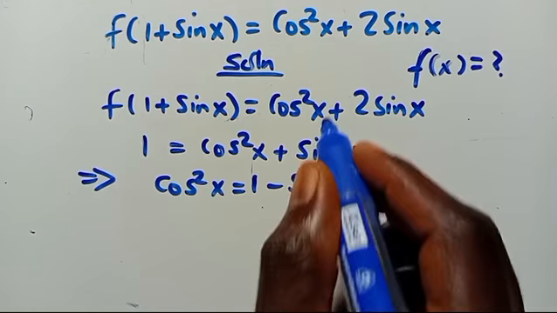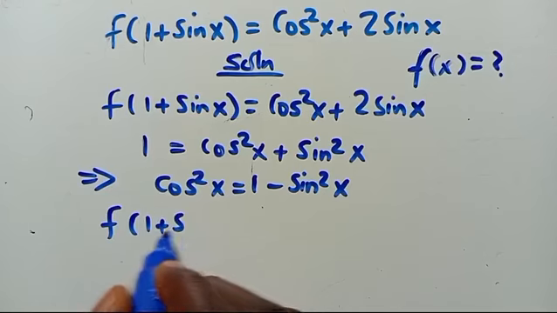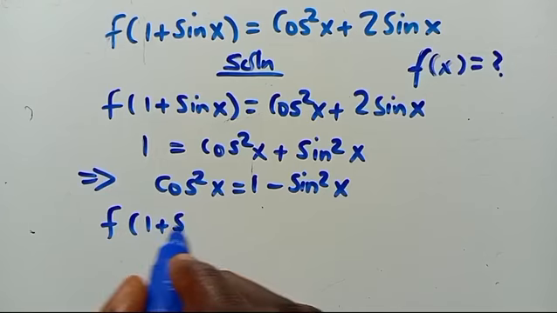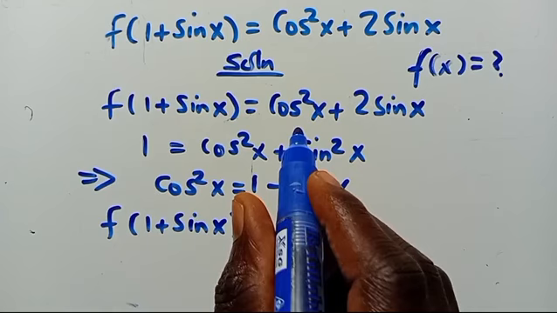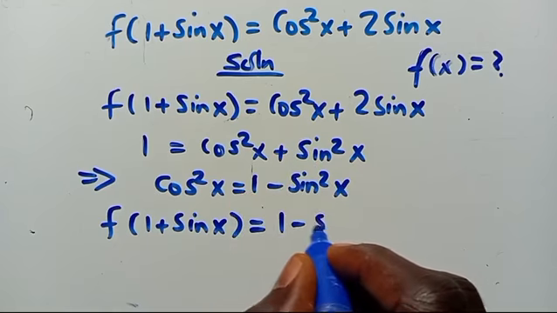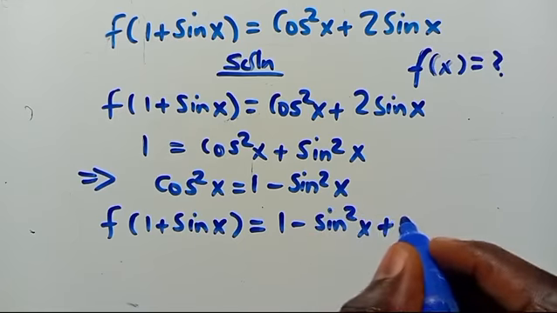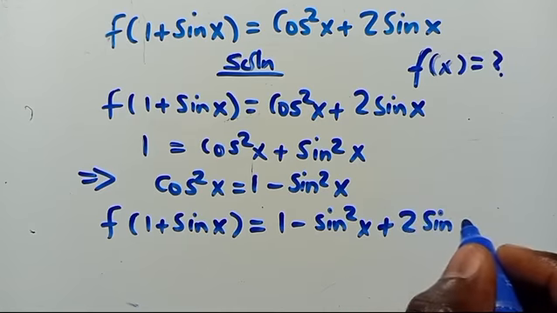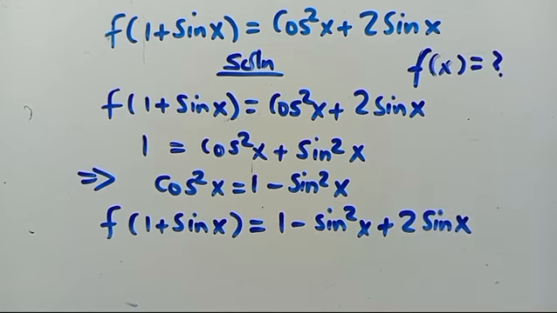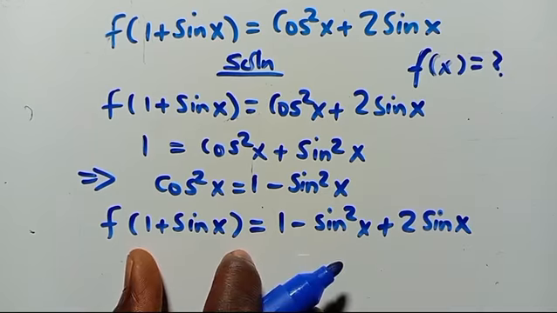So when we substitute this here, we are going to have 1 plus f of 1 plus sin x equals 1 minus sin²x plus 2 sin x. Then how are we going to factor this in such a way that we look like this?